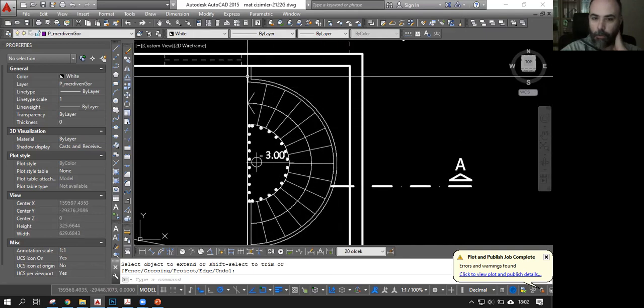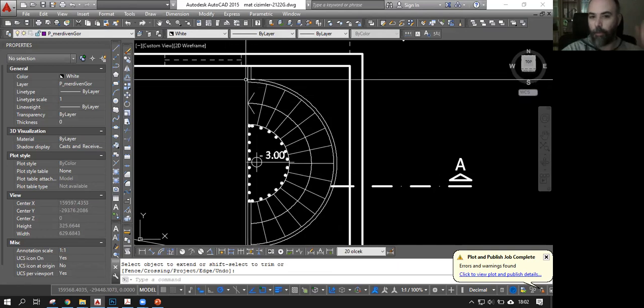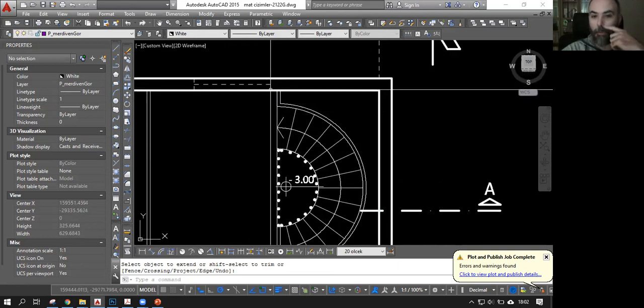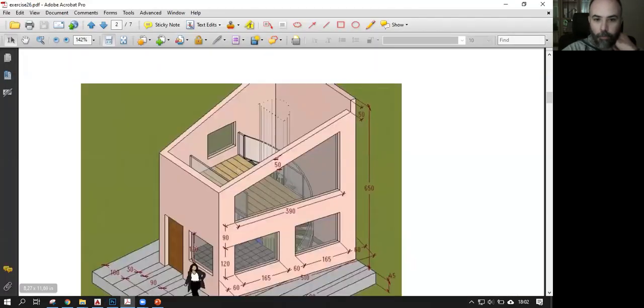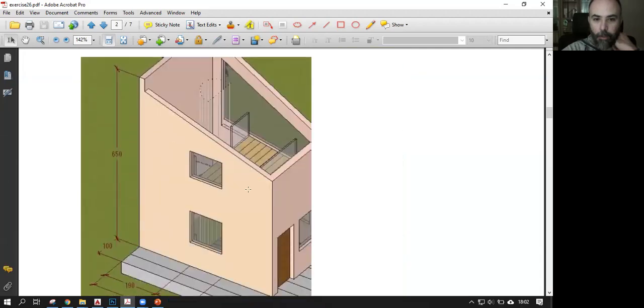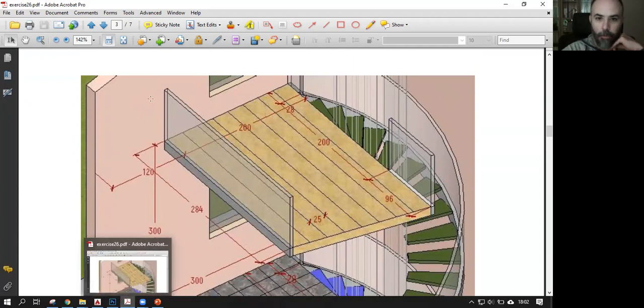And when it reaches the first floor, the plus 3.00, it becomes horizontal to protect people. And that's the upper surface of the first floor. And let's check the lines here. We have 25 centimeter lines parallel to this surface. So I'm going to draw them now.